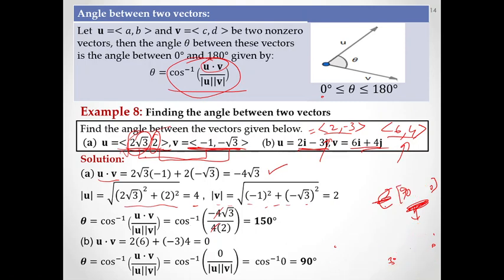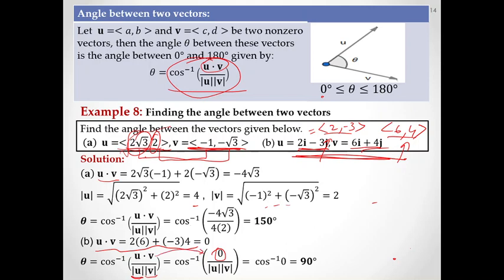Now, let's look at the other one. u dot v is equal to 0 for the second one. No matter what the magnitudes of u and v are, since we have 0 here, it will be cosine inverse of 0, which is 90 degrees.